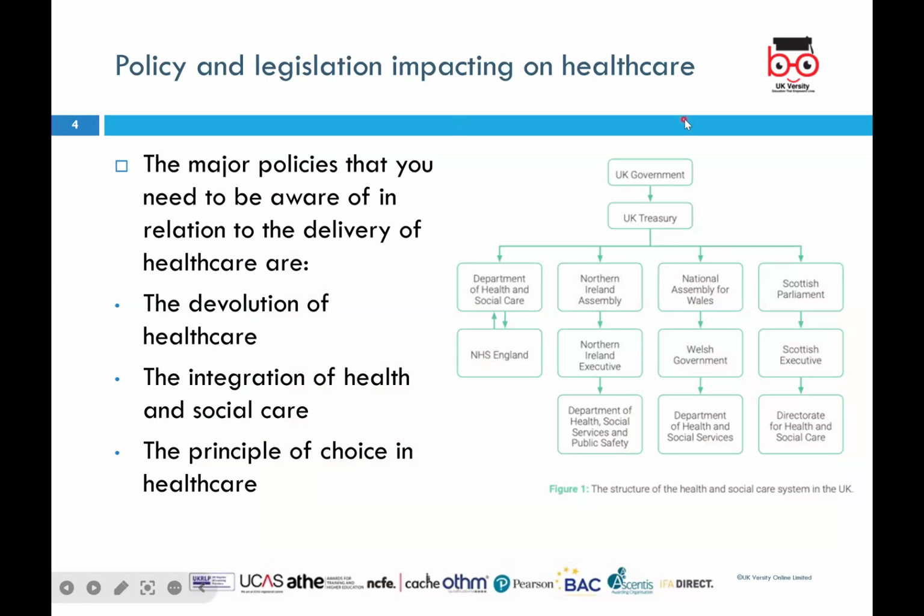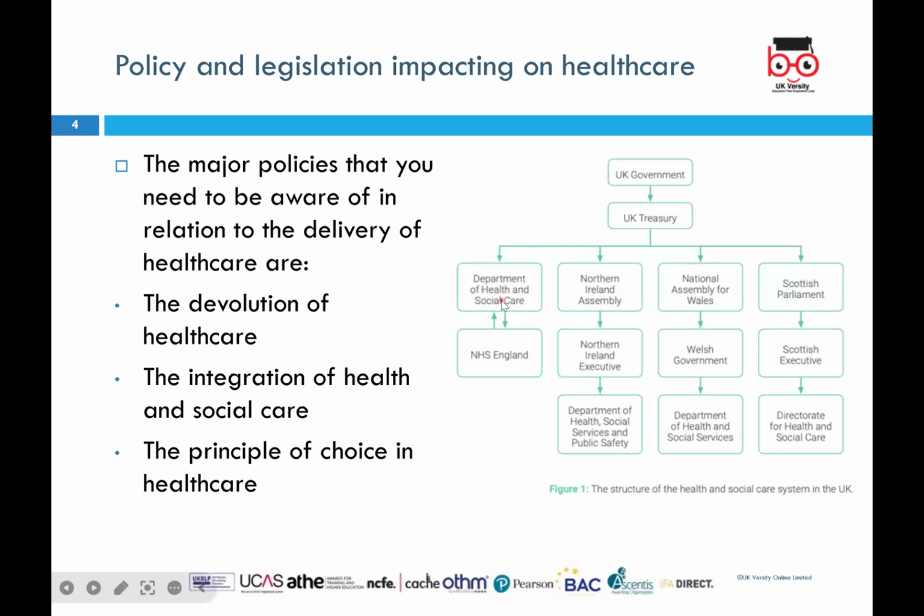So policy and legislation, how does it impact healthcare? So you have the UK government. This is a hierarchy or the structure of the healthcare and social care system in the UK. Okay, so we have the UK government, within which we have the UK Treasury.